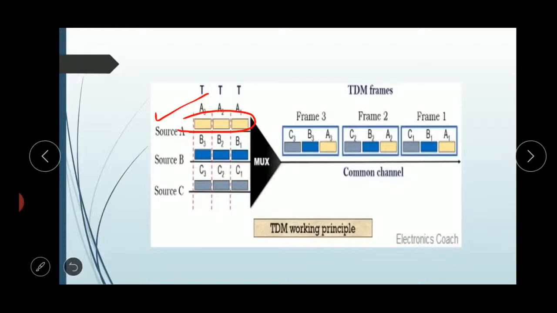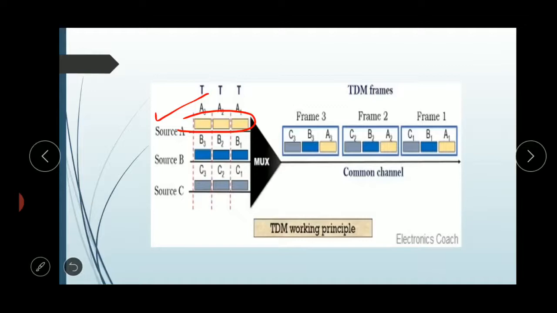By taking one segment from each source, the multiplexer forms one frame. And always remember, each segment has a fixed time slot, because we divide the bandwidth as per time slot.